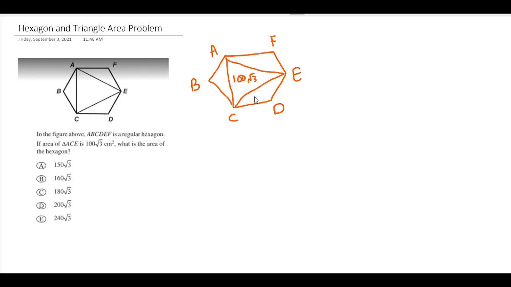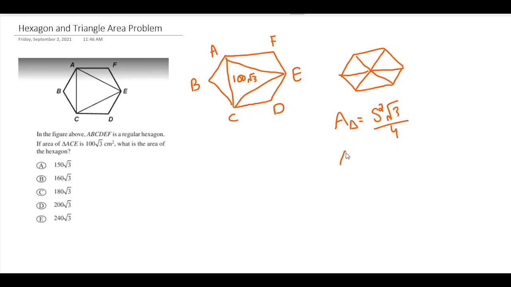So to know the entire area of the hexagon, first of all, there's a quick technique in which basically you consider the hexagon in its entirety, and then you divide that into regular equilateral triangles. And if you have memorized your formulas, the area of the equilateral triangle is side squared under root 3 by 4.